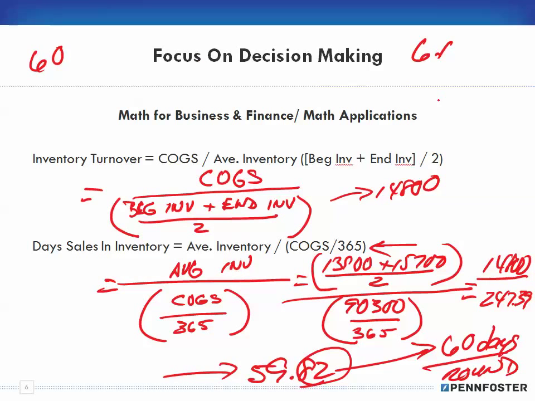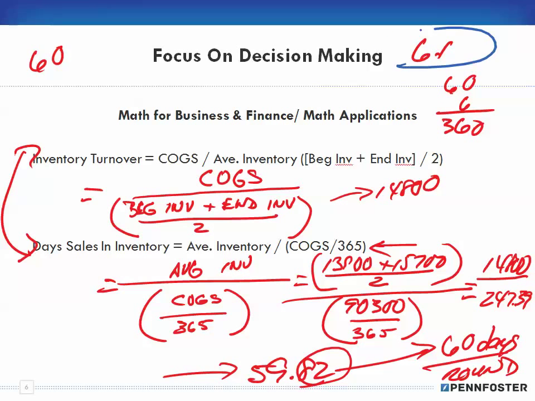So if you take 60 times 6, that's about 360 days. So you see how these two coincide. You're thinking from the perspective of my inventory: I'm turning my entire inventory over 6 times a year. But I want to know in the number of days how quickly that happens. Well, by using the days sales in inventory, we know that every 60 days I turn over the inventory.